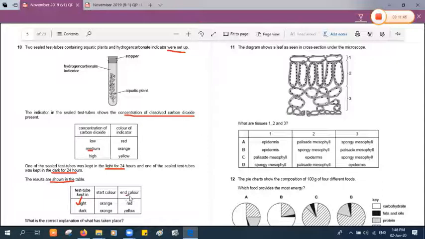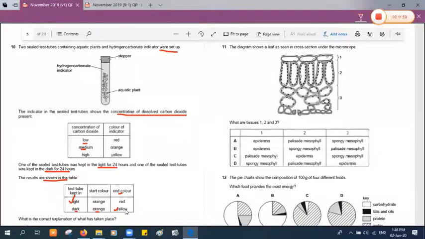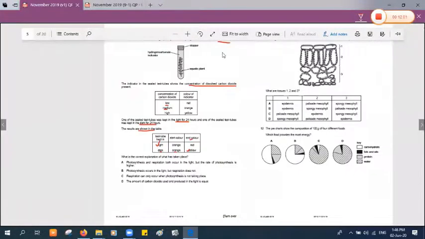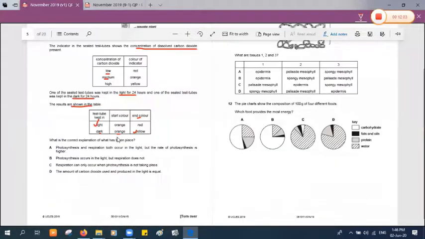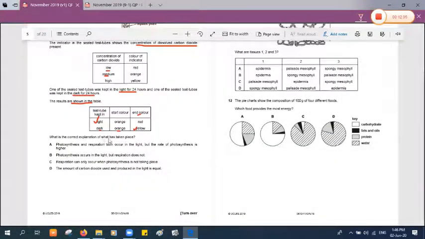By the end of the day, it turns to red, so low. In the dark, it was orange, and at the end of the day, it turns to yellow. So what is the correct explanation of what has taken place?